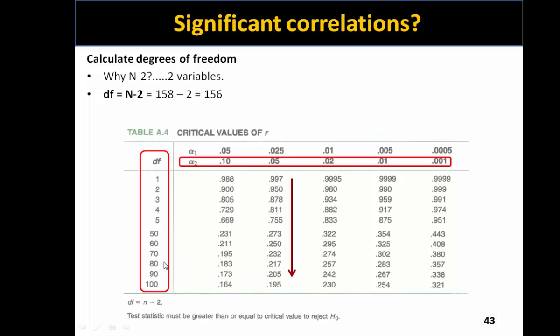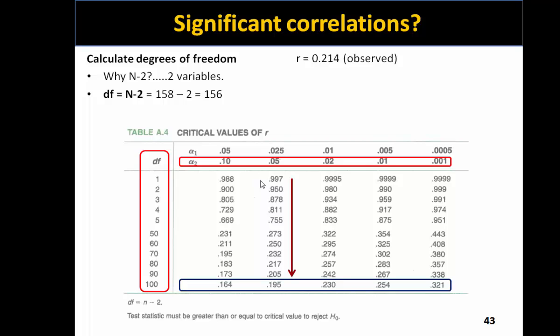So as the sample size gets smaller and smaller, we see that in order for our relationship to be statistically significant, our calculated PPMC must be greater and greater. And so that's what we're going to focus on here. So if we go back to our observed or our calculated R value of 0.214, our critical value for a degrees of freedom of 100.